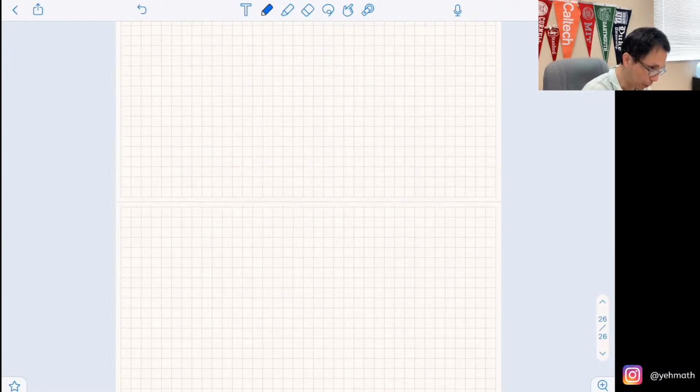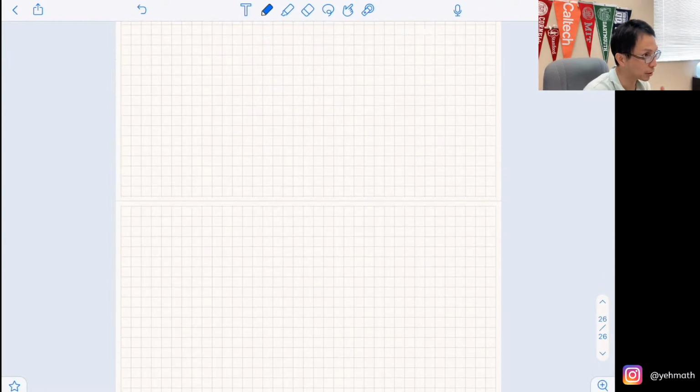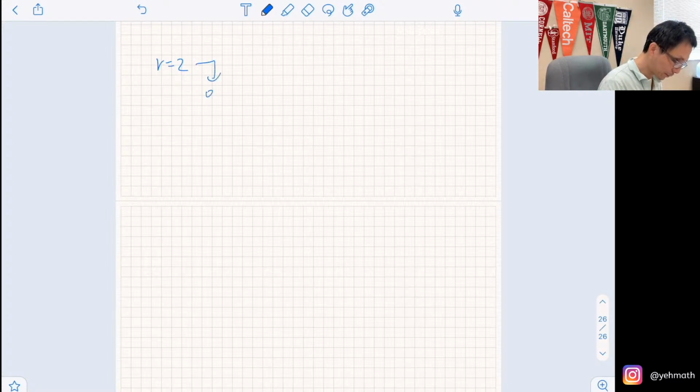So we're going to go further to talk about how you change equations. Let's start with the basic equation, r equal to 2. You actually already know how to do this. R equals 2, how do you change it to a rectangular equation? Don't we need an angle? Nope, we don't. It's x squared plus y squared equals 2 squared.